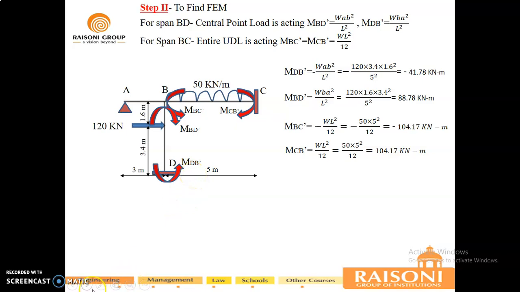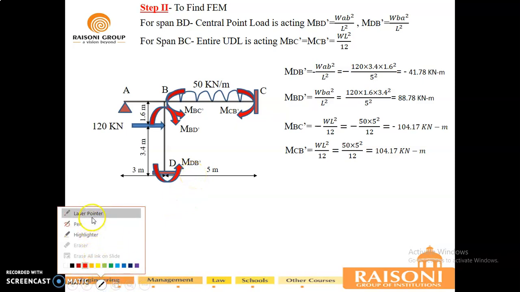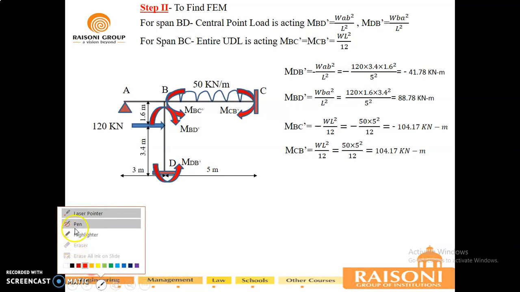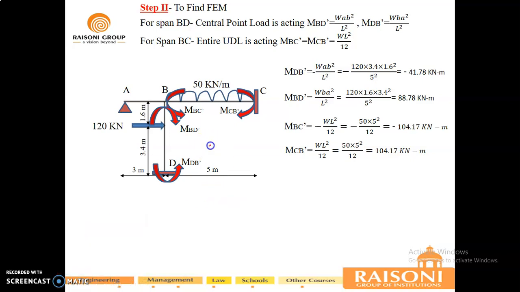Whenever you are talking about a frame, just remember the observer's view is always from the inner side of the frame to the outer side. That means we will observe our frame from this point in this way. This will be our observation and this will also be our observation.